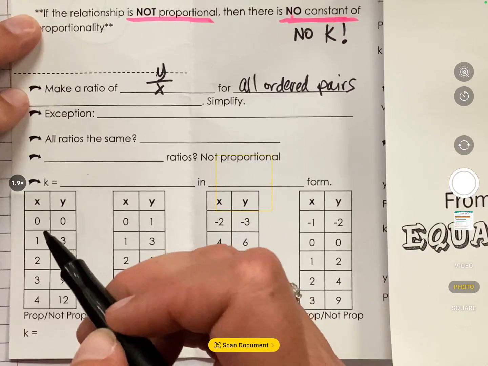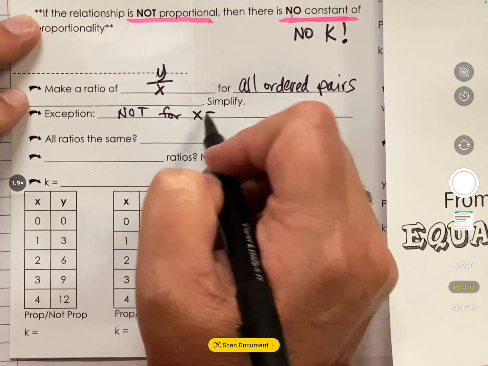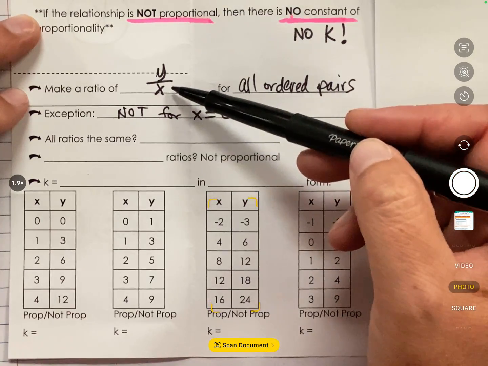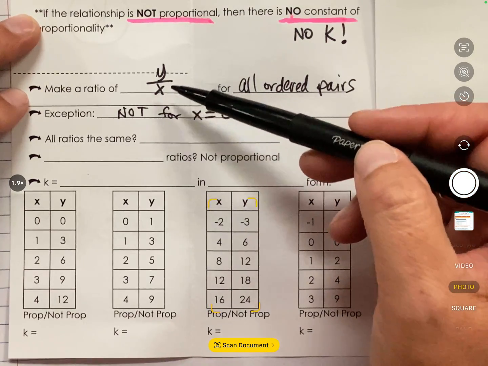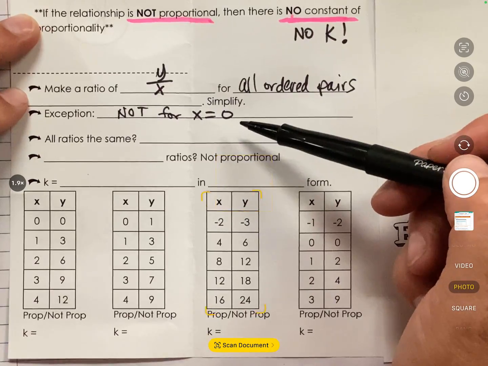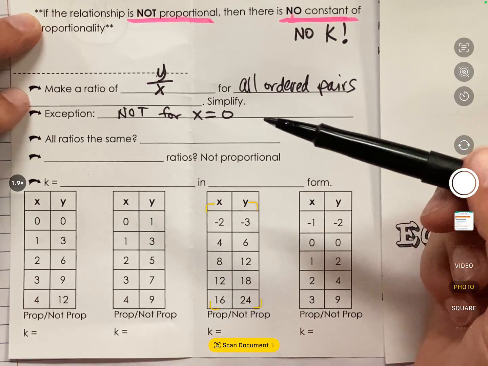There is one exception. You cannot do this for x equals 0. Let's think about why that would be. If I put a 0 in for x, then it would be y divided by 0, and we know that's undefined. So if you do have a point where there's a 0 for the x, we're just going to ignore that point.